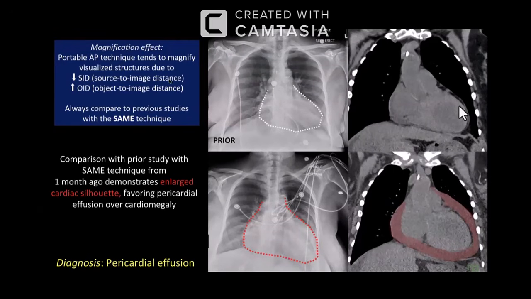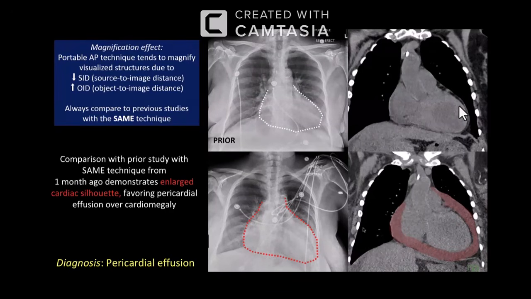Again, especially in portable X-rays, this magnification effect will always be there, so you have to exercise caution. Sorry, this is the same case, where the prior study just before the admission showed no pericardial effusion, and then post admission, over the course of time, the patient developed pericardial effusion.